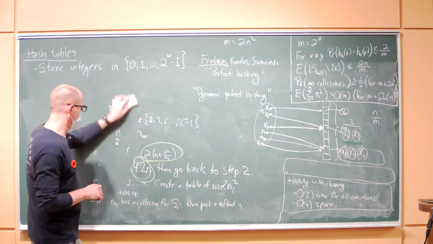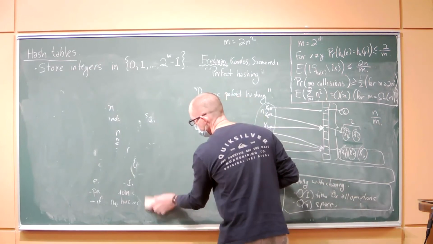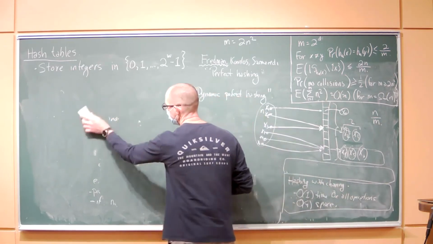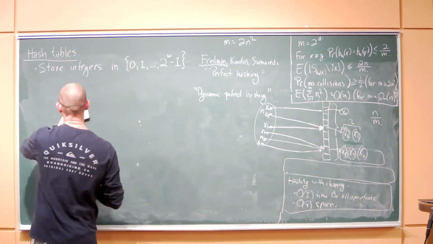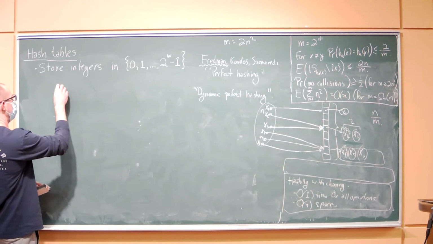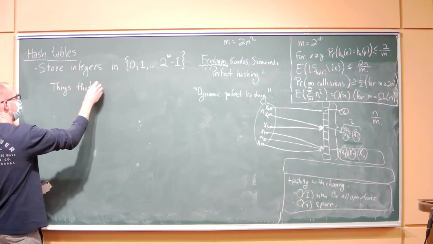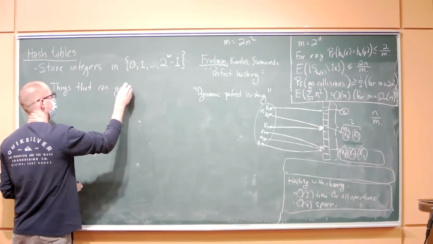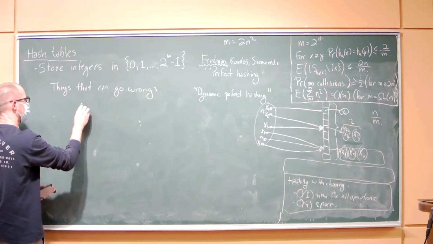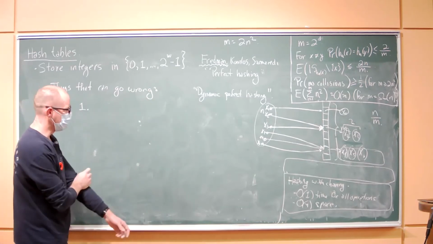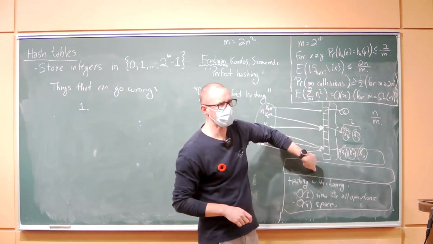Okay, so what can go wrong here? What are all the things that we need to make this work? Well, here's an obvious one. We have M, which is the size of the main table here.